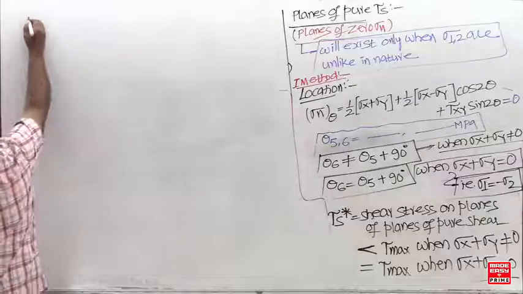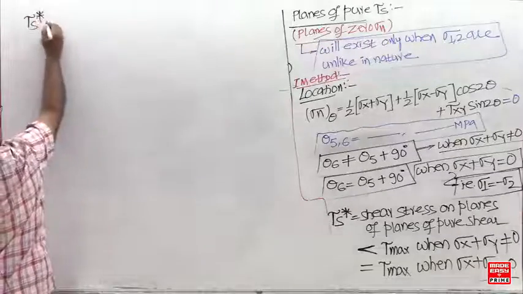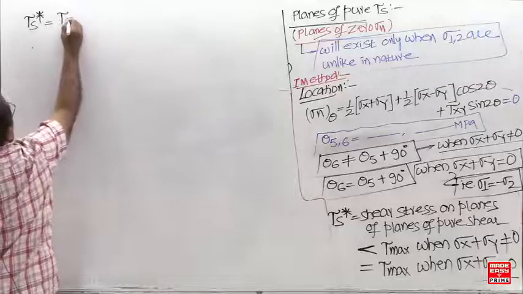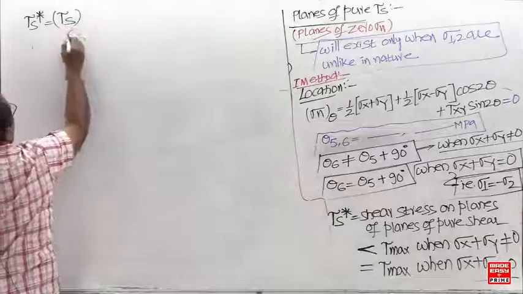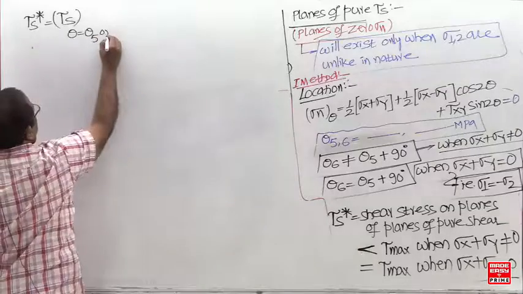Now to get this tau s star, in the tau s equation, substitute either theta 5 or theta 6.